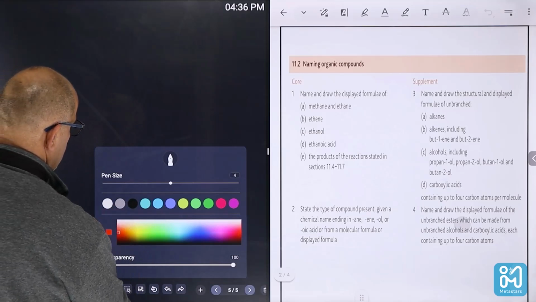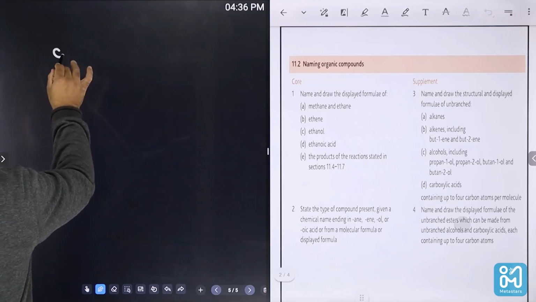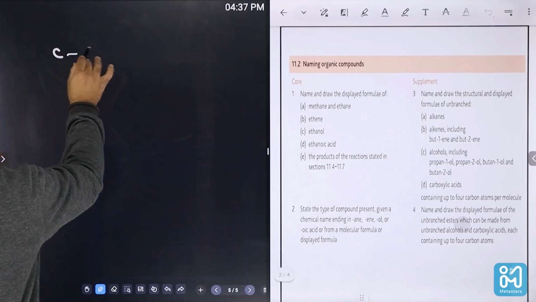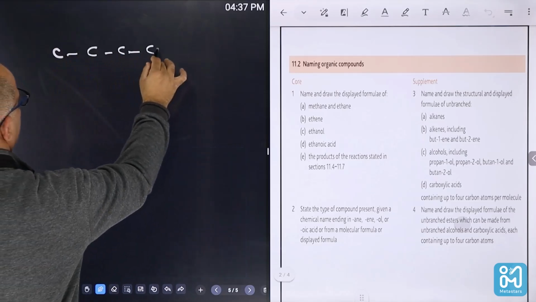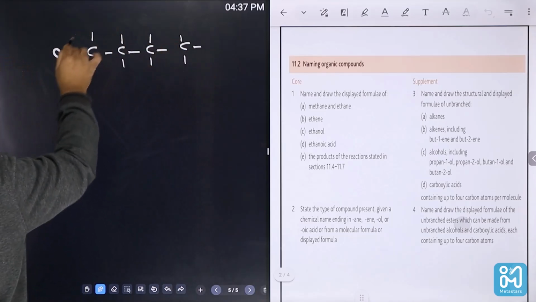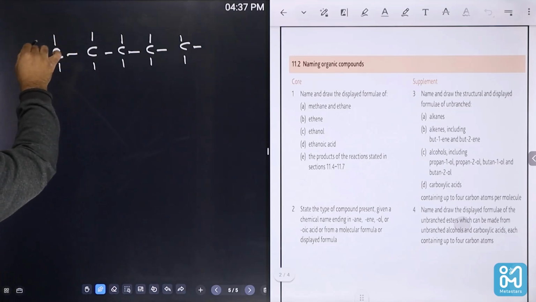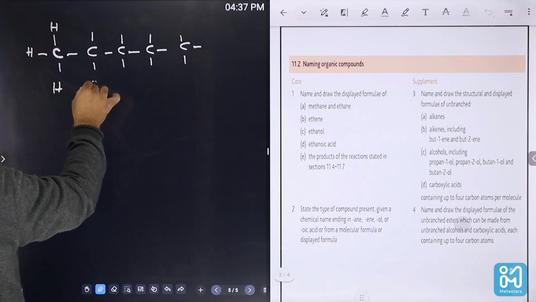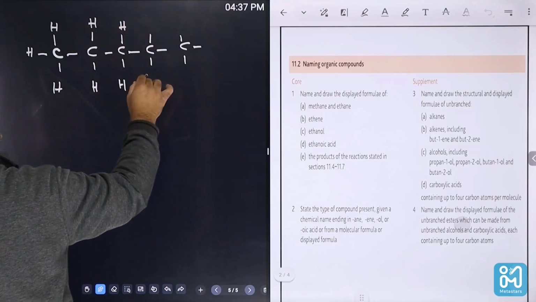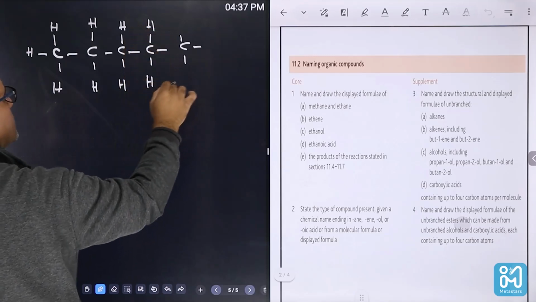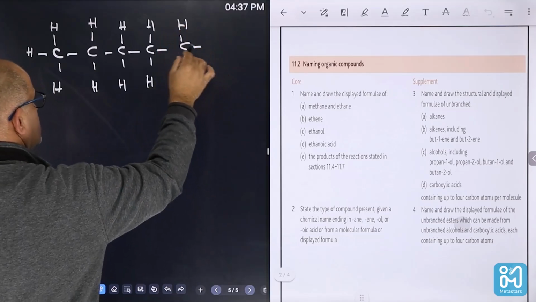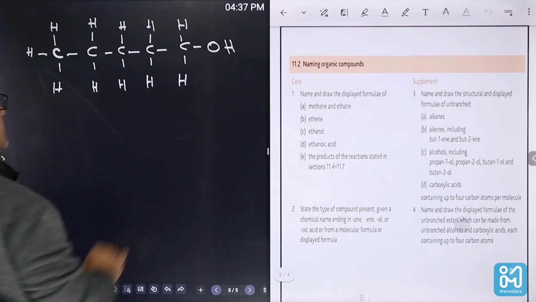For example, we have 1, 2, 3, 4, 5. So this is an alcohol with 5 carbon atoms. So its formula is C5H11OH. Okay, now you can select the position of the OH group on the first carbon.